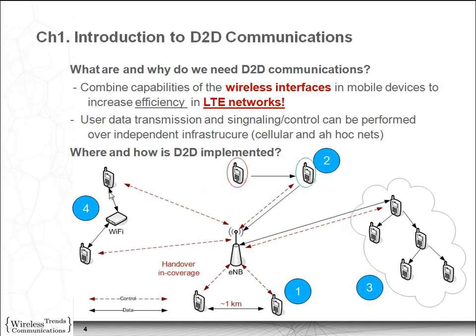And the fourth application that we can see here is that we continue having the control plane handled by the InnoV, but the communication is actually happening here over this Wi-Fi infrastructure. So that means that we are using the spectrum not of the cellular network but the spectrum of the Wi-Fi bands.